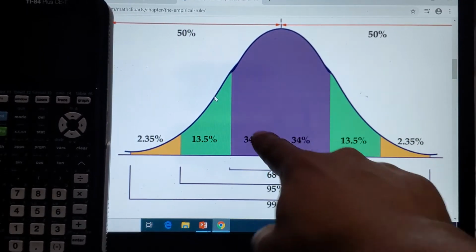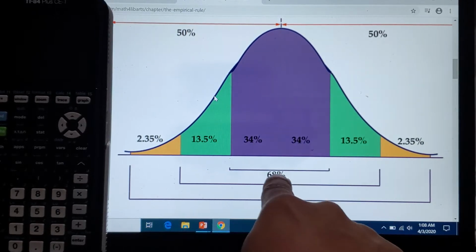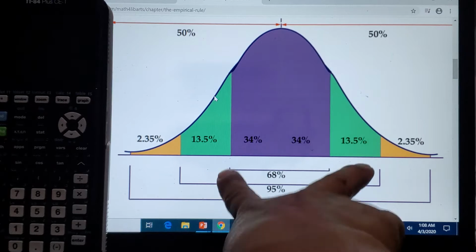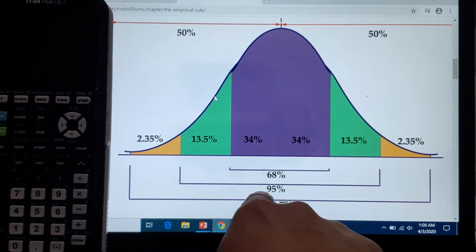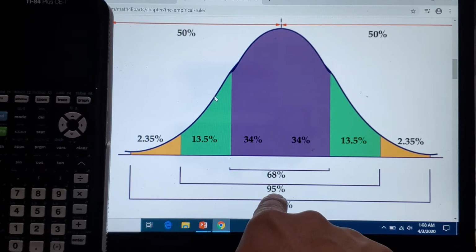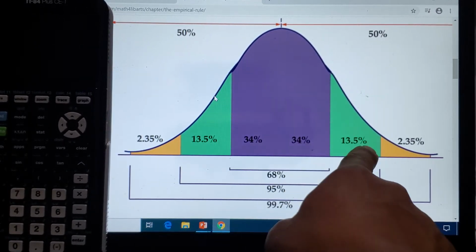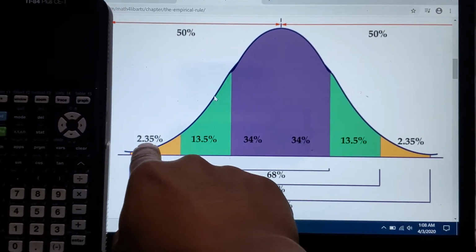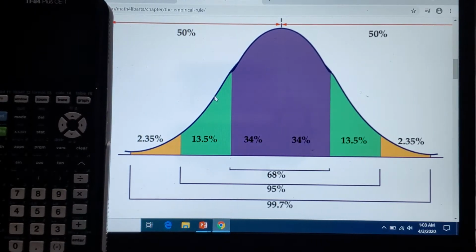This represents 68%, which makes sense. If you do half of 68, that's 34. And then 2 standard deviations, so that's 1, 2, 1, 2. Now that ends up being 95%. So that's what makes up these leftovers. That's why these are exactly the same. And then 3 standard deviations means these last little bits are 2.35, 2.35.